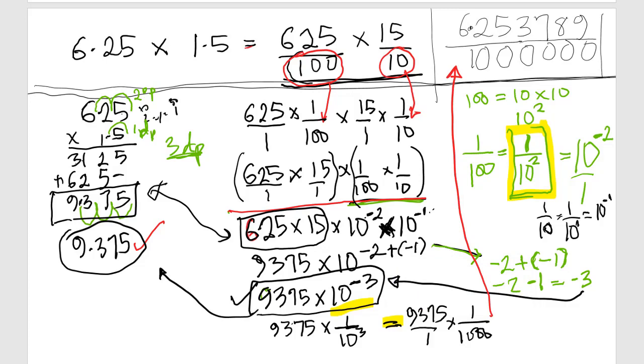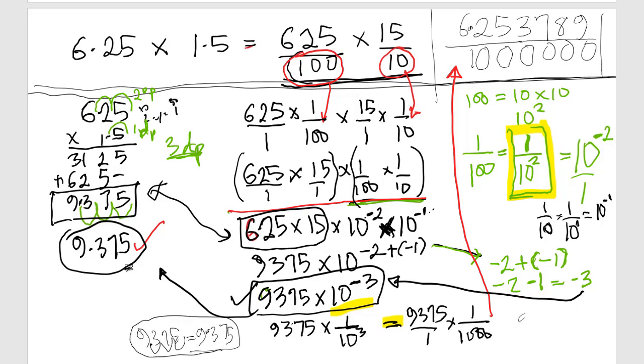If you remember this, if we were to rewrite this, you can just count how many decimal places we have. The same way we did here, you can say 9375. How many decimal places? 1, 2, 3. So we put our dot here. So the answer is 9.375. If we can do it this way, that would be nice.